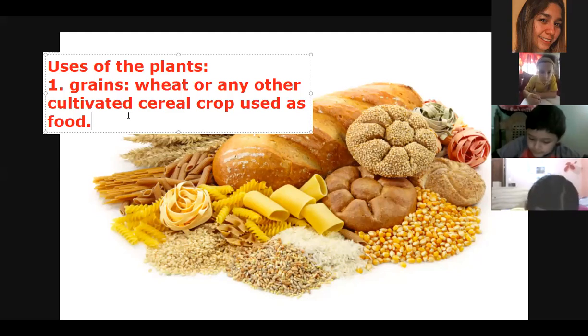Okay. Grains are wheat or any other cultivated cereal crop used as food. Very good. The ones that are already finished.